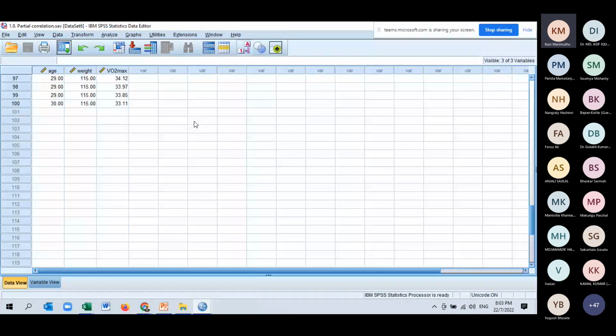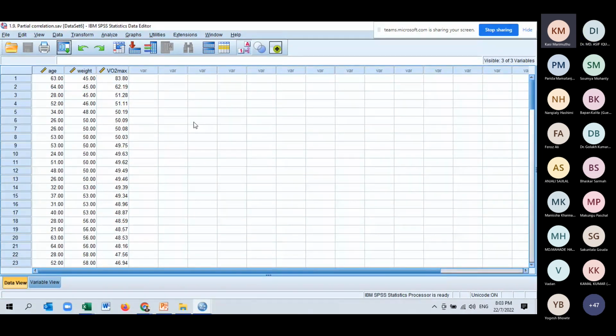Yes. The study was conducted for 100 people. There are 3 variables recorded: weight of the candidate and the aerobic capacity, VO2 max. Please remember these are numeric. Weight and VO2 max, the aerobic capacity, maybe their breathing capacity. So we are interested in weight. As weight increases, is the VO2 max increasing or decreasing?